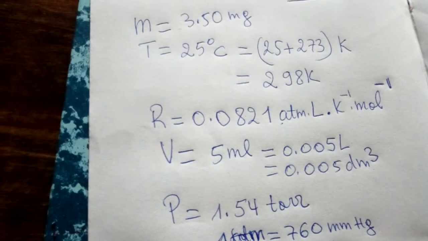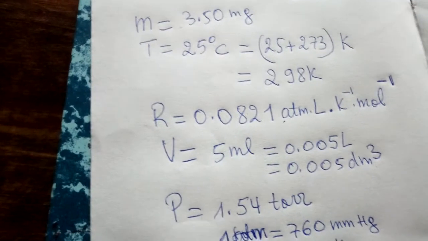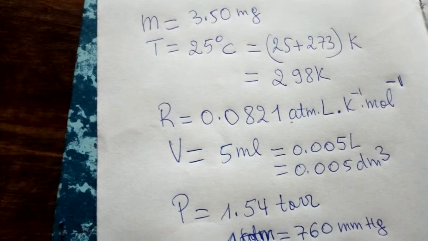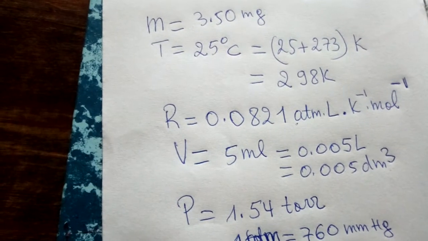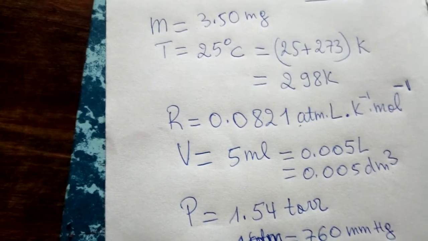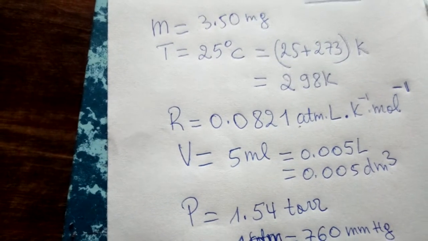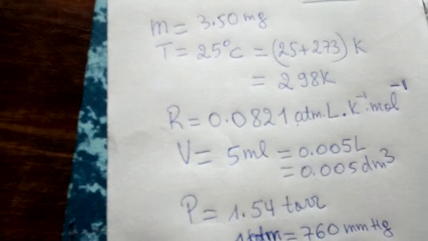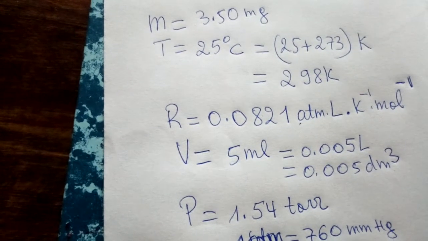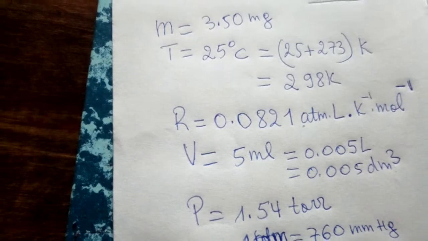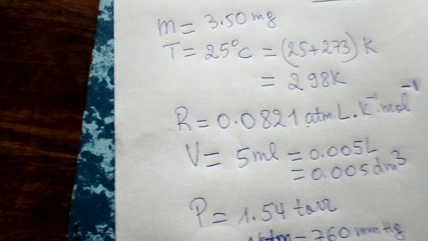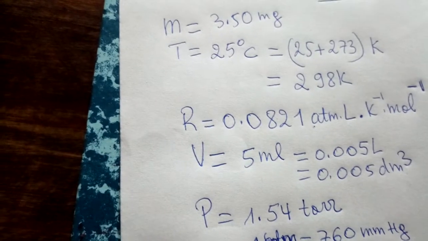It means that it is equal to 1.54 torr over 760 torr.